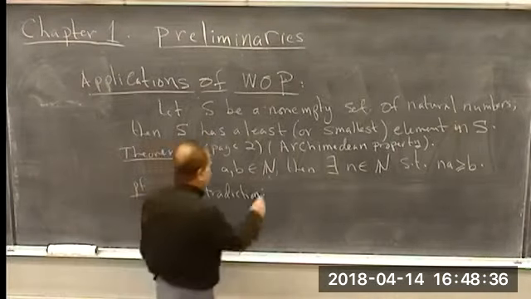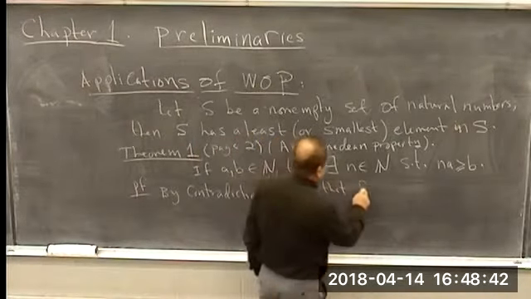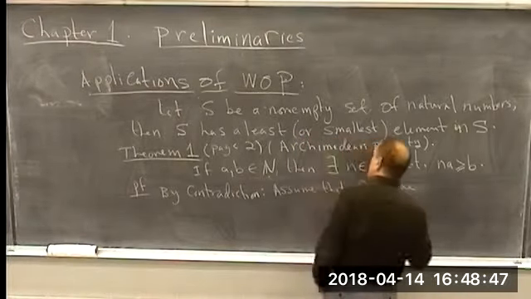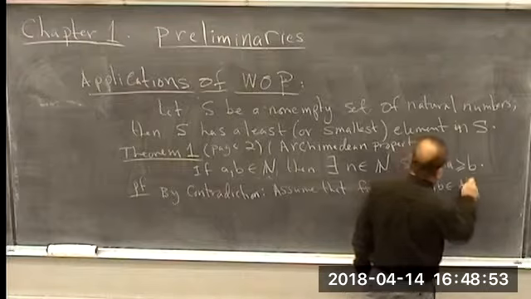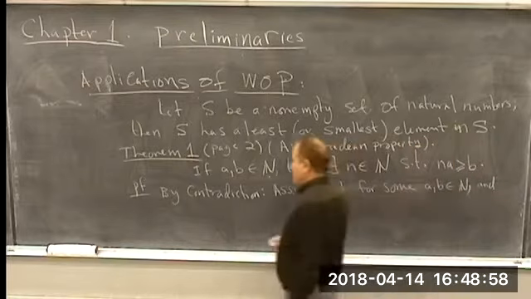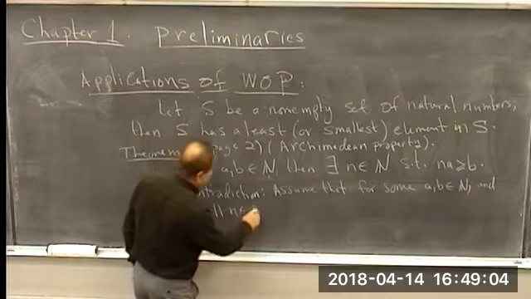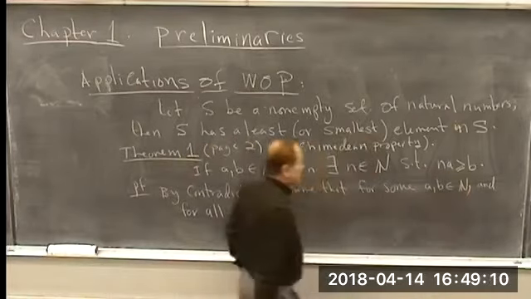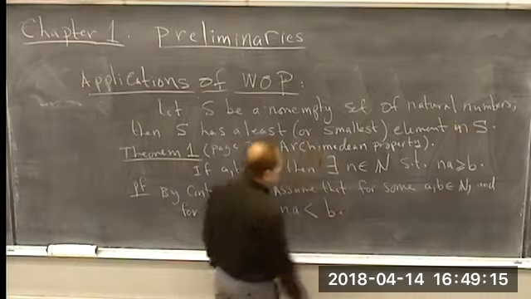So we're going to assume that for some A, B natural numbers, because this is for all, when you do contradiction, you want to say for some A, B natural numbers, and for all n in N, we need this statement to be incorrect, which means nA is strictly less than B. All right?